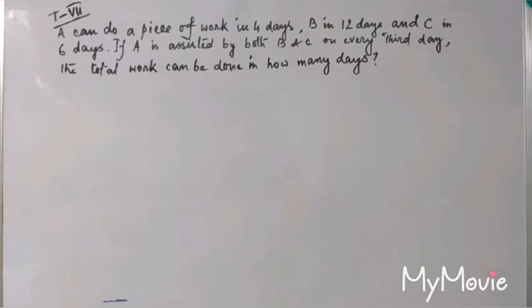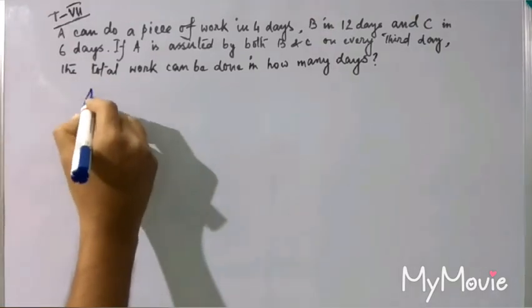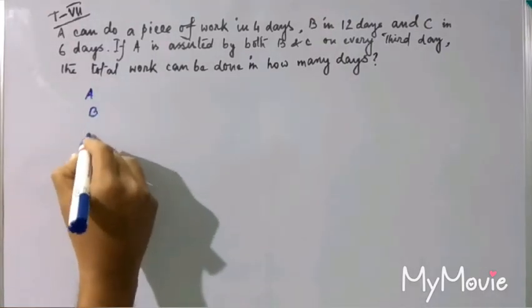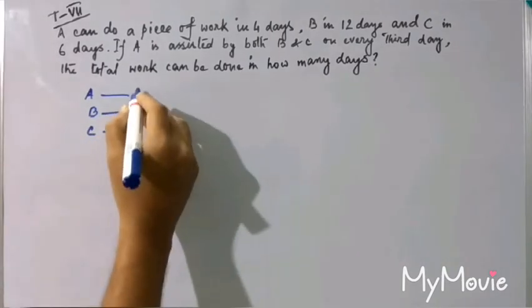Let's move on to the next question. A can do a piece of work in 4 days, B in 12 days and C in 6 days. If A is assisted by both B and C on every third day, the total work can be done in how many days? The first step is the same, that is to work out the LCM of the number of days individually.